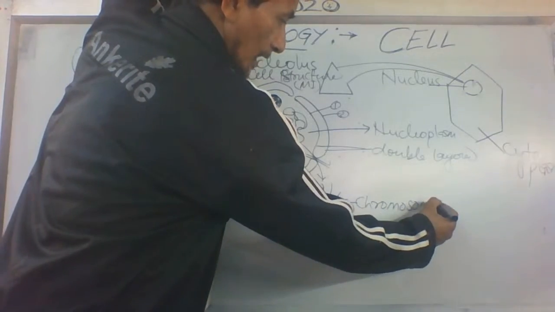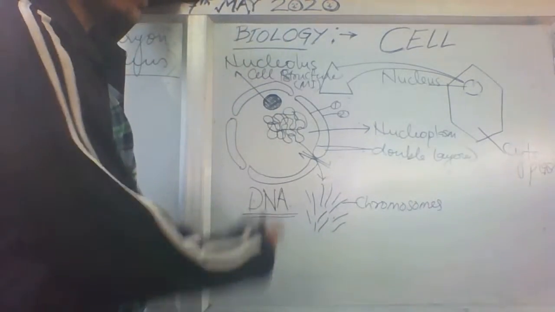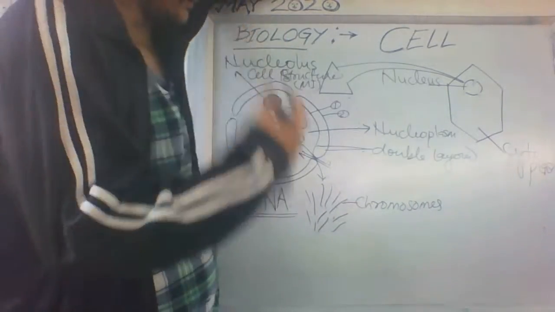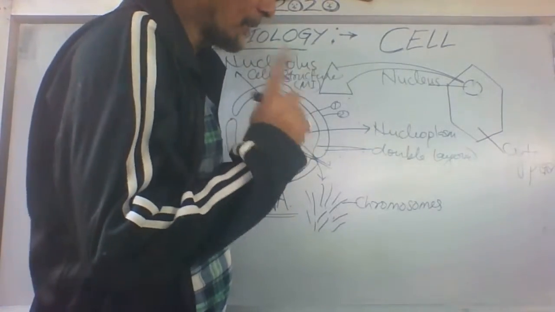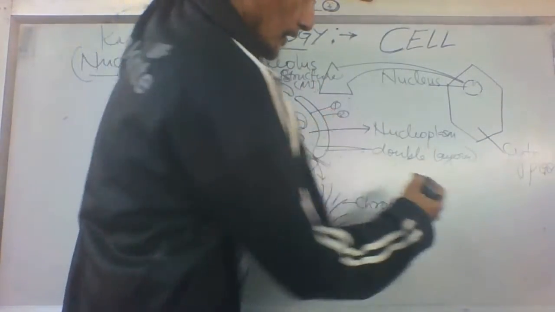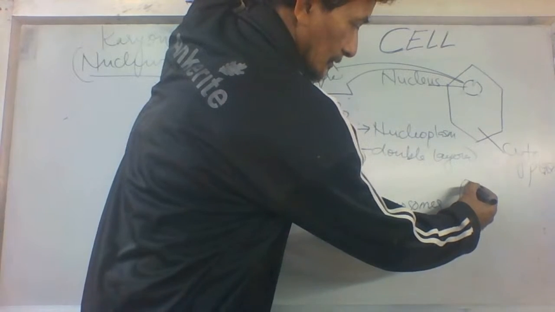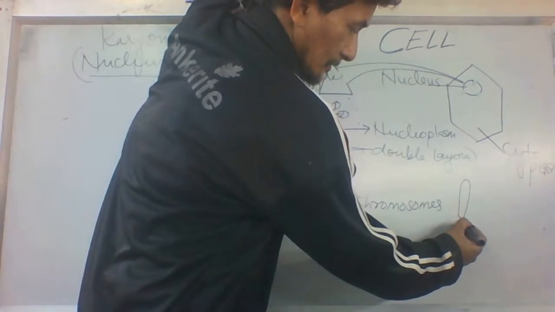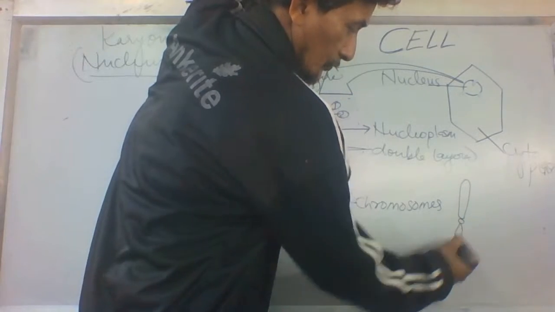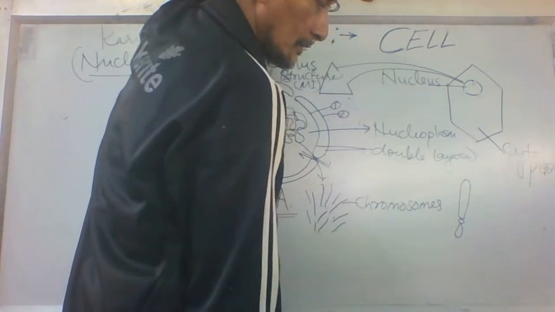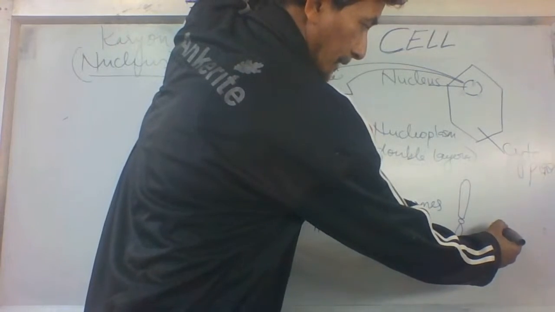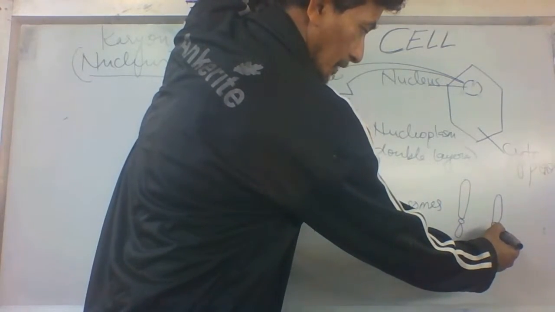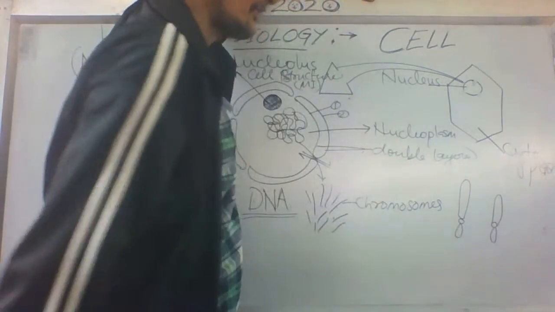Chromosomes. This chromosome has a very important feature. Its structure is like this: one bigger part, a circular part, and one smaller part, connected together.